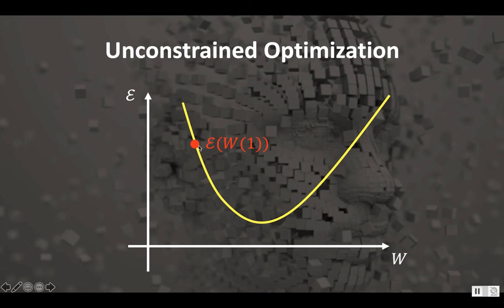This is good because it is a smaller number, but it is not enough because we want the cost function as small as possible. Therefore, we keep adjusting the weight to make the cost function smaller until it reaches the minimum value. We call that the optimum synaptic weight, and at this point the cost function reaches its minimum value.